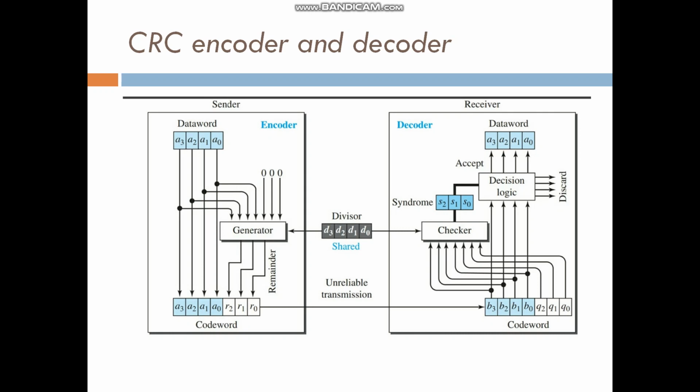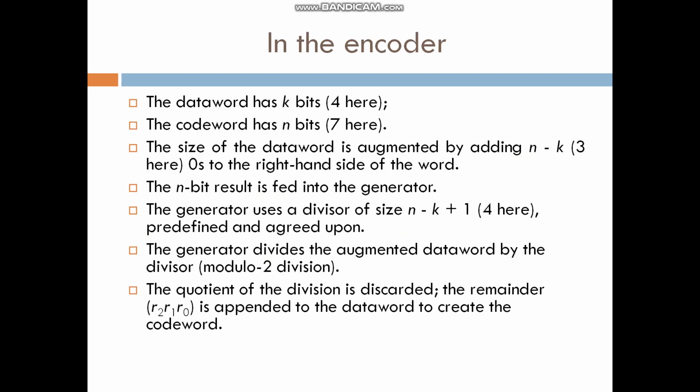Normally, the data word has k bits; in this example we have 4 bits. Secondly, the code word has n bits, for example 7 bits.